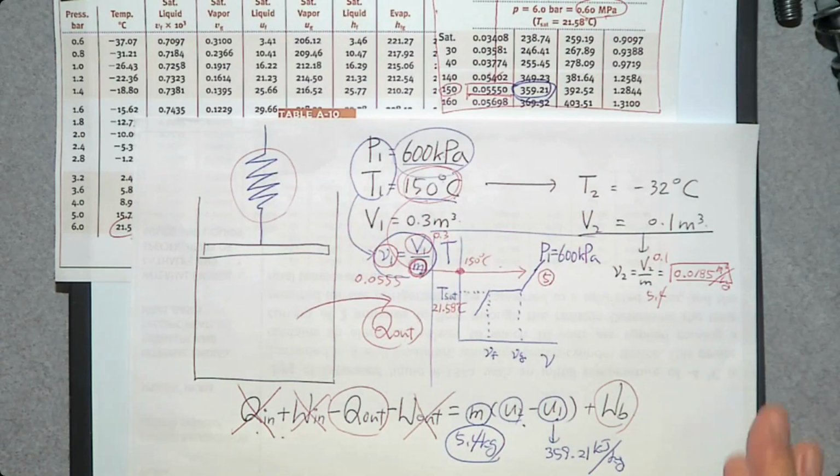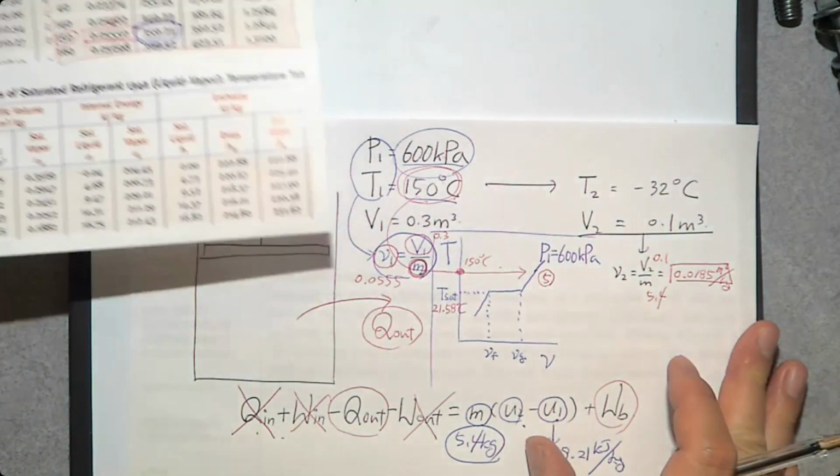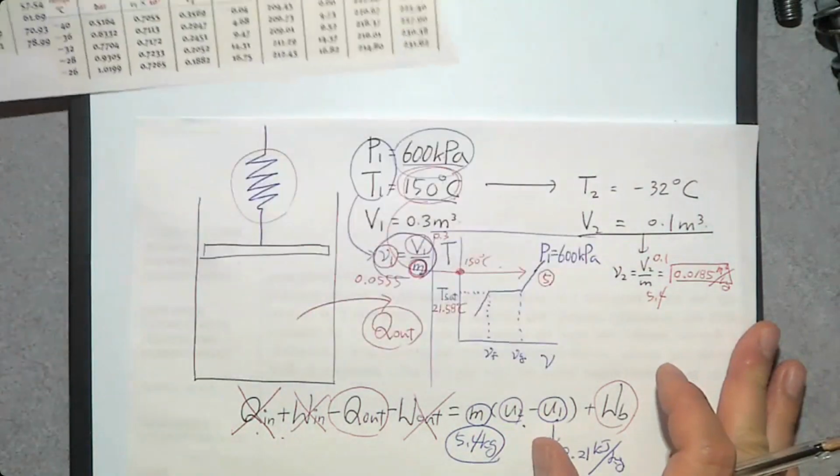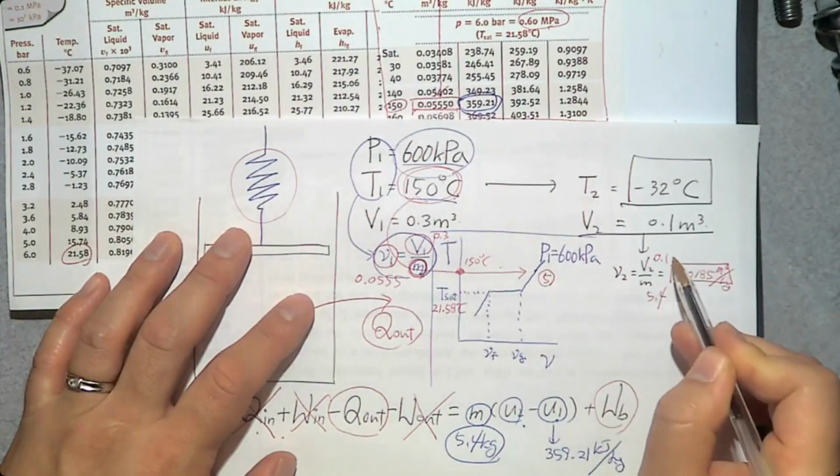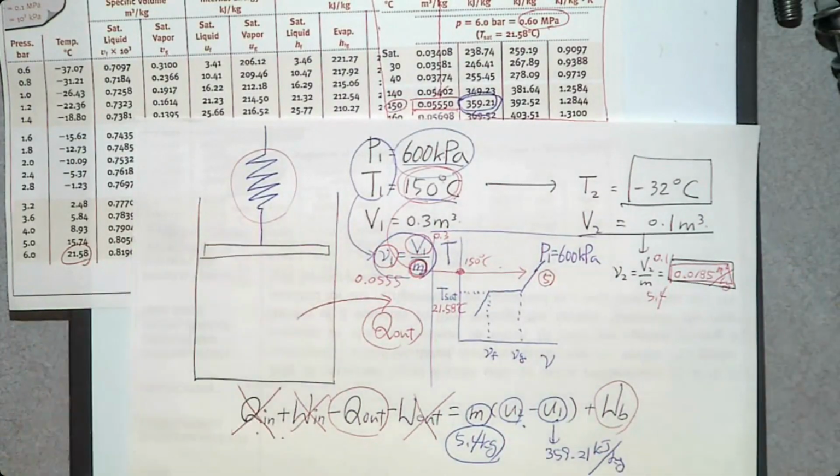So now we need to determine the phase change process. We know minus 32 degrees Celsius, and this is the specific volume. If you want to analyze this final state, what do we need to do? We need to determine the phase change process. How can we assume that it's a superheated vapor?